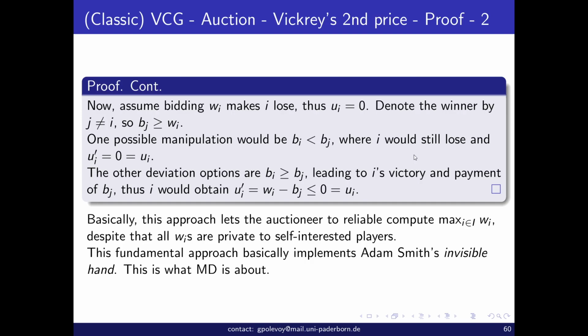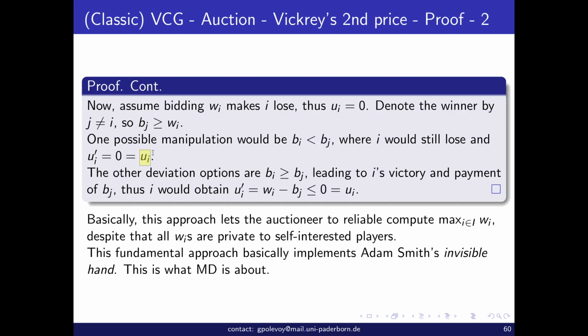Now, one possible manipulation would be bidding something which is strictly smaller than BJ, or bidding something which is at least BJ. If you bid something strictly smaller than BJ, you still keep losing, and then your utility will be 0, exactly as it used to be.